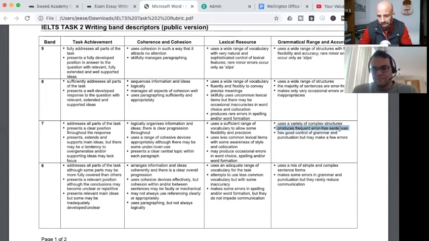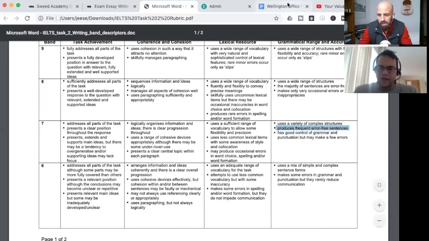Modals like should and can are modal verbs. Conditionals are like if, there are 4 conditionals, right? If I won the lottery, I would. That's one of the conditionals. If you heat water to 100 degrees, it boils. They're different. We can study those in the future if I see it in your writing.